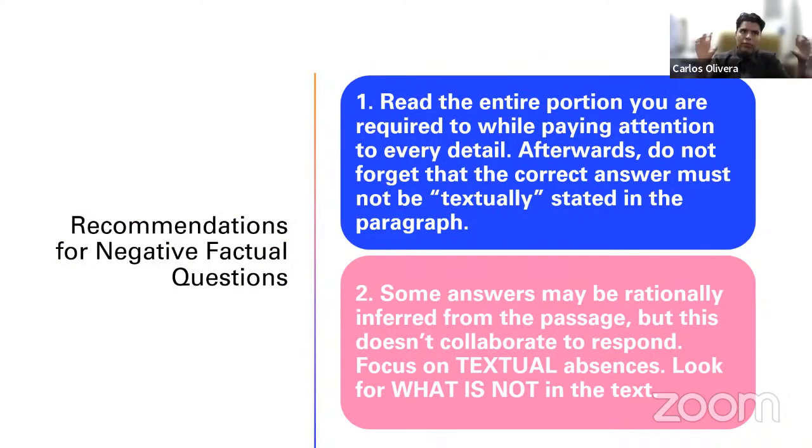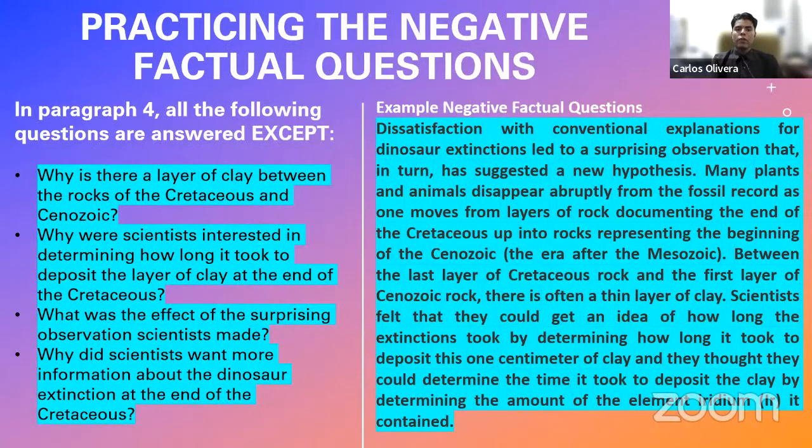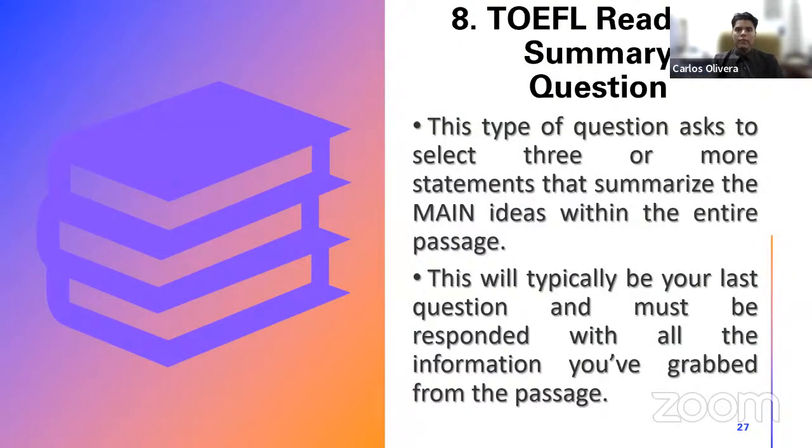If there is an absence in your text about a specific answer, then you choose that answer, because the paragraph does not speak about that. Is that clear now, Jelly? Yes, thank you. Awesome. So that is what you have to do here: always look for what is not in the text.